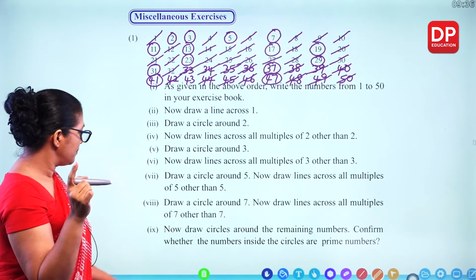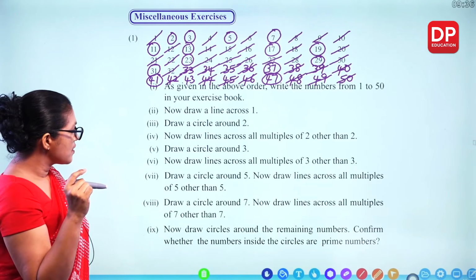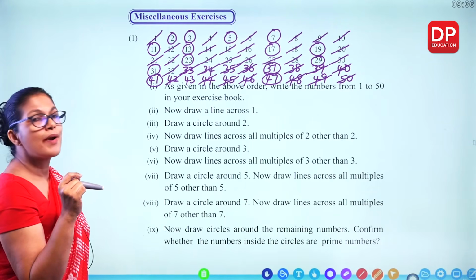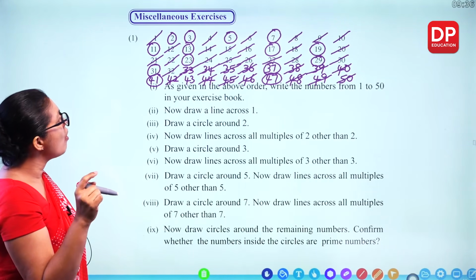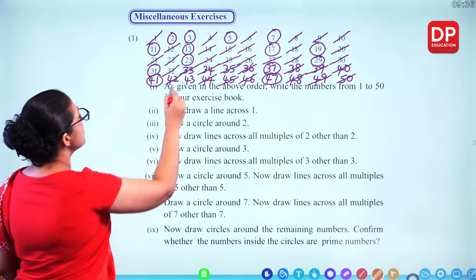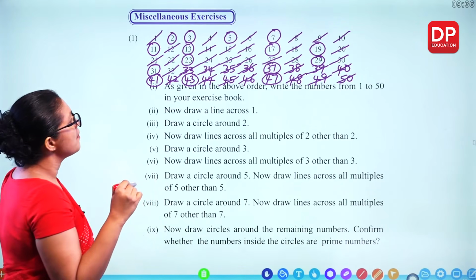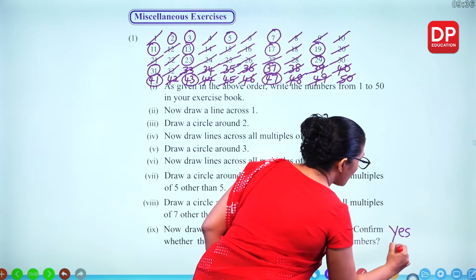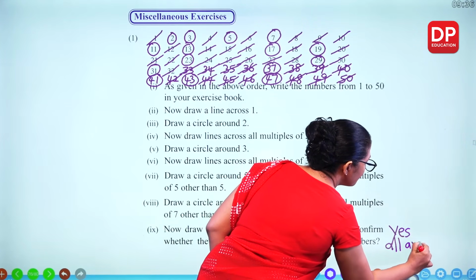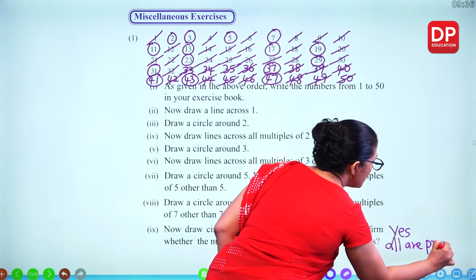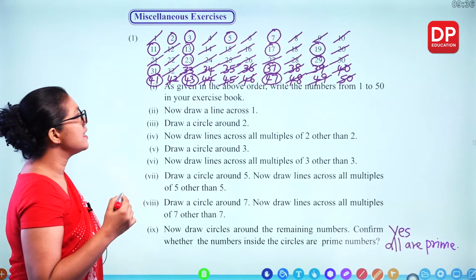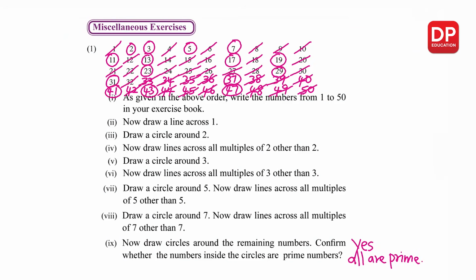Confirm whether the numbers inside the circles are prime numbers. So all are prime numbers here. 43 is also a prime number. So yes, all are prime. So we did this before. That's another way of finding prime numbers.